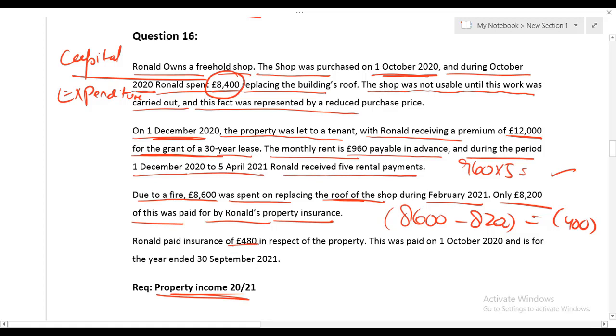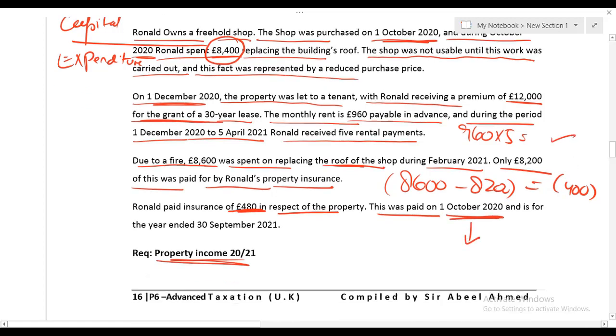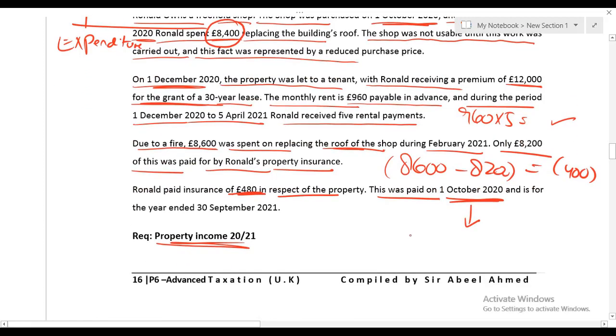Ronald paid insurance of 480 in respect of the property, and this was paid in October 2020. So October 2020 falls in the tax year 2021. Tax year 2021 starts from 6 April 2020 and ends at 5th April 2021. Now we know that property income is taxable on a cash basis.